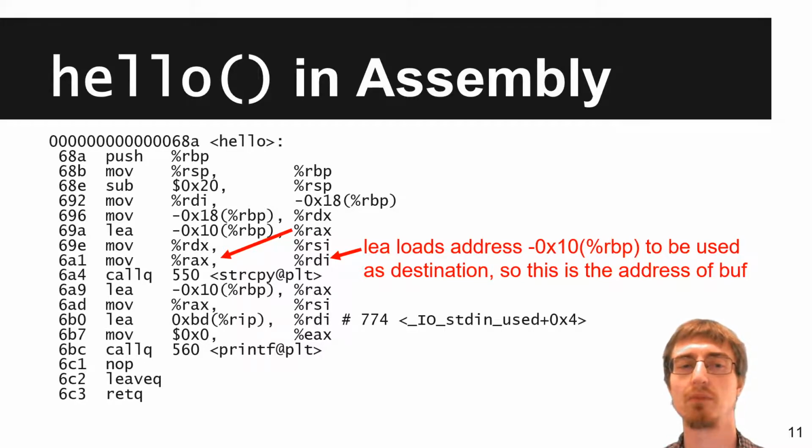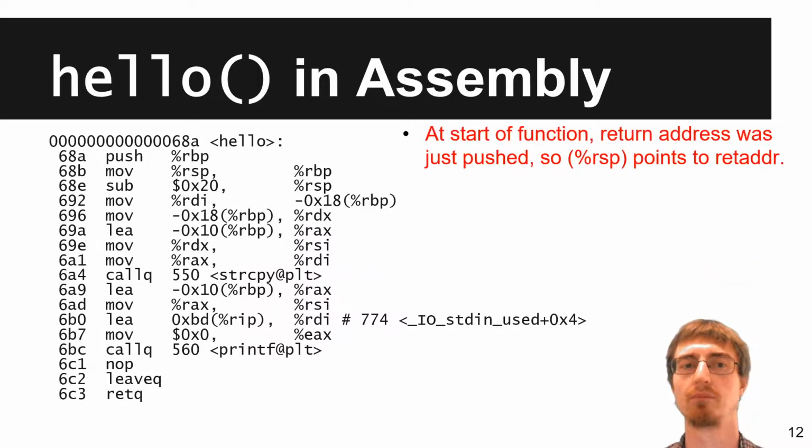So this is RBP minus hexadecimal 10. So this is clearly a local variable. So we're loading the address of this local variable into RAX and then moving RAX into RDI, in effect passing it as the first parameter, which is going to be overflown by strcpy.